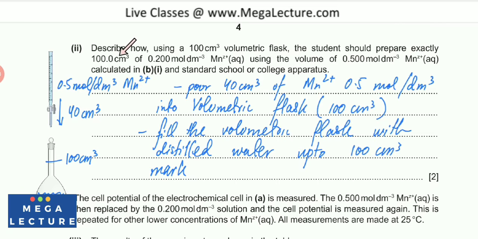For smaller solutions, like 100 cm cube of 0.2 mole per dm cube, the concentration is so low and the mass of Mn2+ so small that it would be very difficult to make the solution directly in the lab. So you always make solutions with much higher concentration that contain much larger quantities of Mn2+, because they're easier to manage and more accurate to measure. Then you start diluting by adding distilled water, and you get more dilute solutions with a much lower concentration of Mn2+.